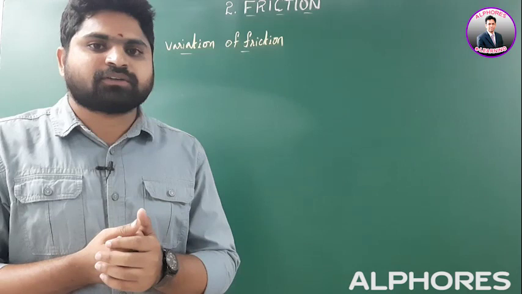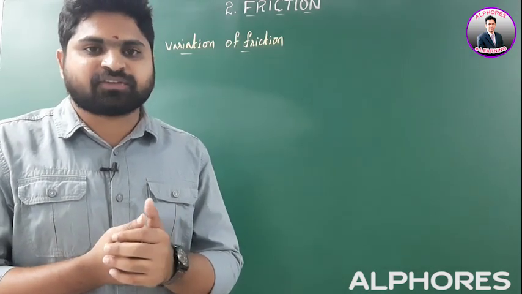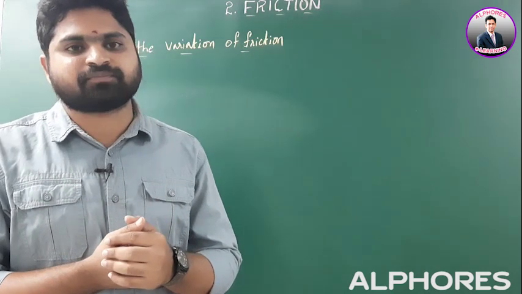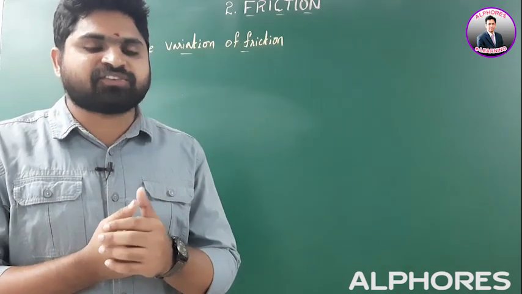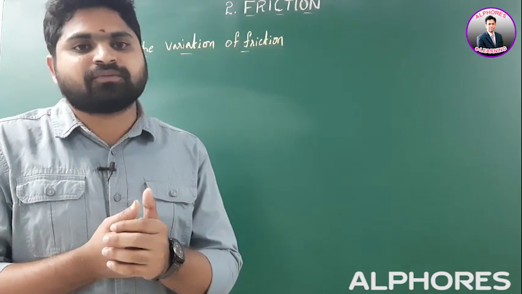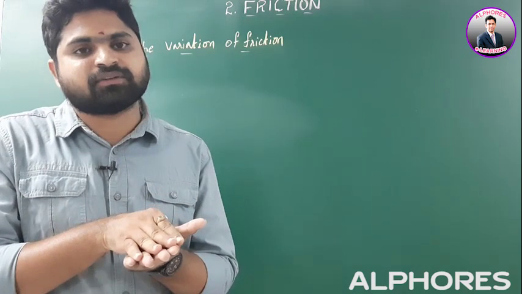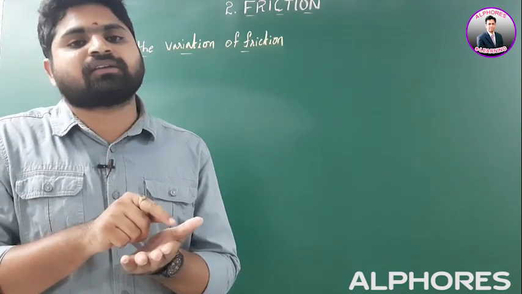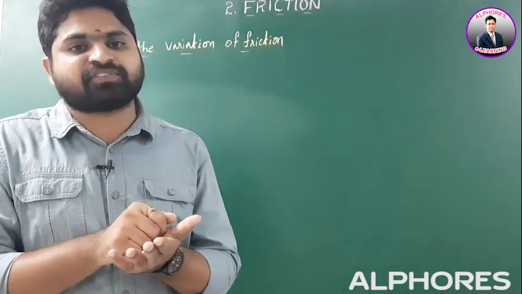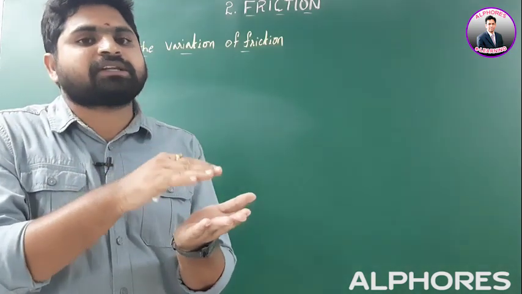The chapter we are discussing is friction. In the previous classes we have discussed what friction is and various types of friction. With the help of a toy trolley we observed static friction as well as sliding friction. What is static friction? The friction that comes into play when one object is at rest on the surface of another object is called static friction. Even when a force is applied, the object remains at rest.